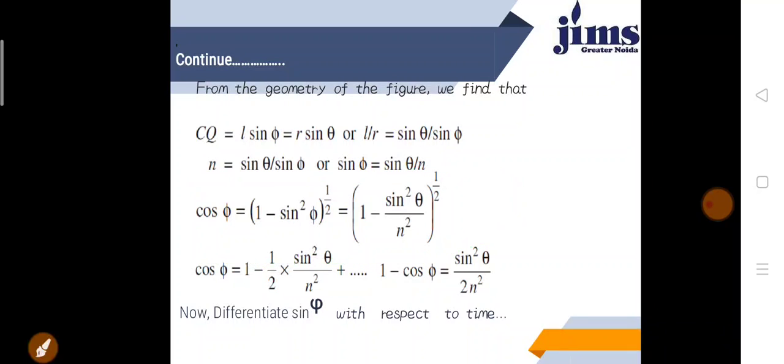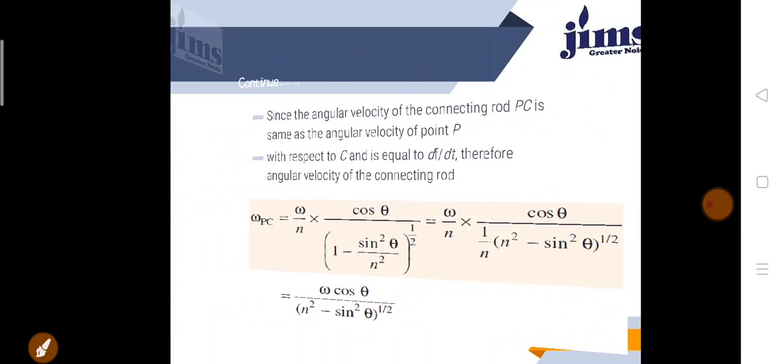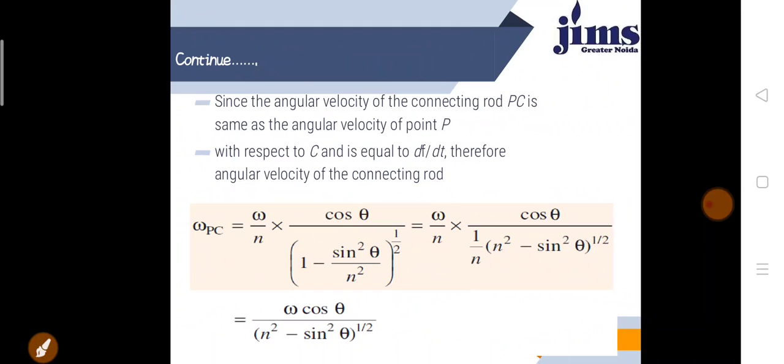Now we can get the value of angular velocity of the connecting rod: omega PC equals omega upon n multiplied by cos phi. When we put the value of cos phi, we get (1 minus sin square theta upon n square) whole power 1 by 2.